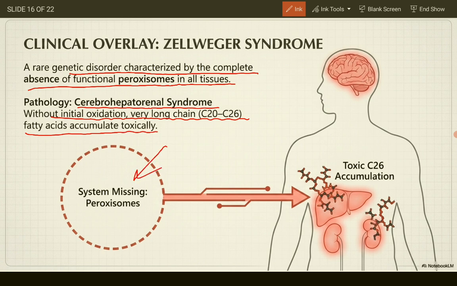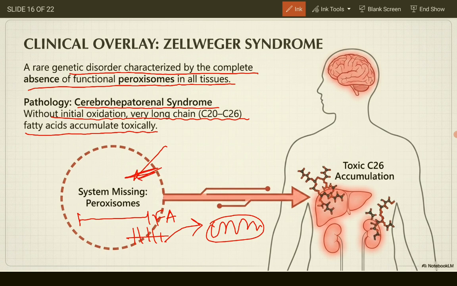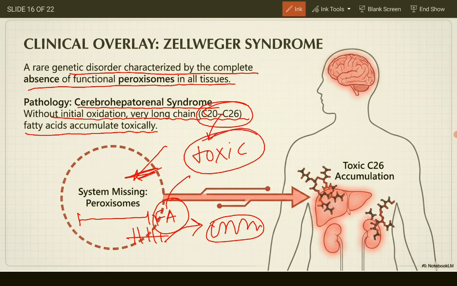Since there are no peroxisomes, there is no organelle that could cut up long fatty acid chains into short fatty acid chains that could be sent inside the mitochondria. Since there is no peroxisome to cut off long chain fatty acids, these long chain fatty acids of C20 to C26 are accumulated toxically inside the body and cause Zellweger syndrome.